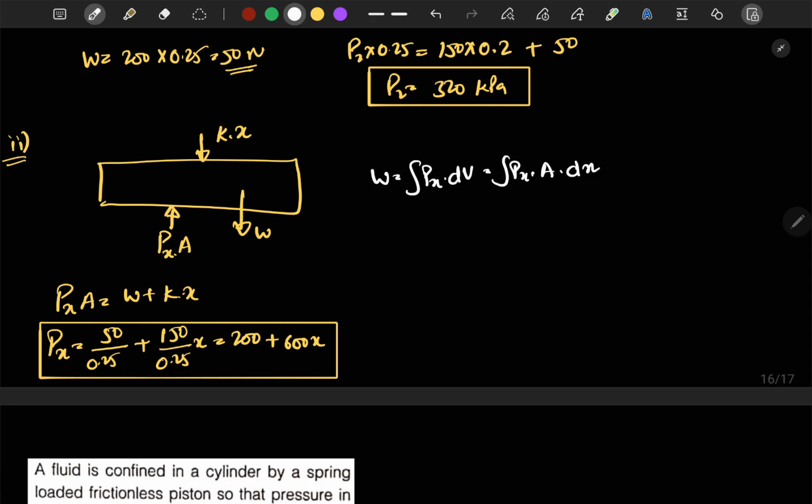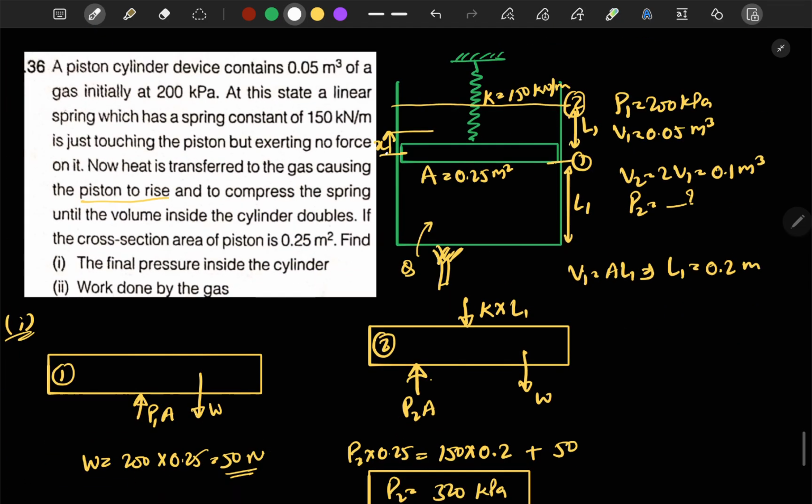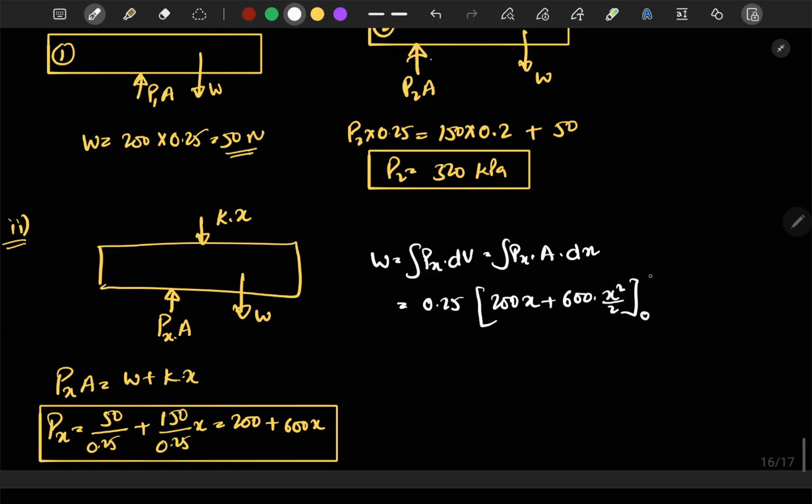On integrating this, we can take the area out, 0.25, and we will get 200 x plus 600 x square by 2, where x varies from 0 to L1, which is 0.2.